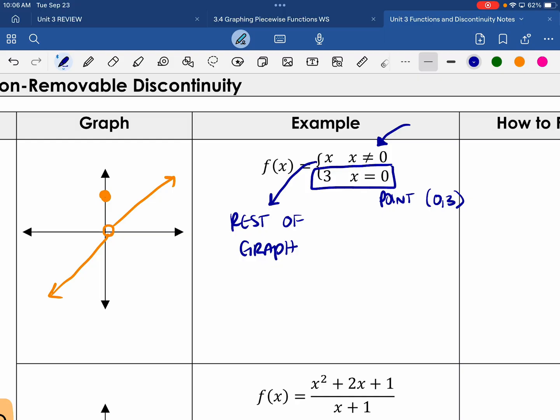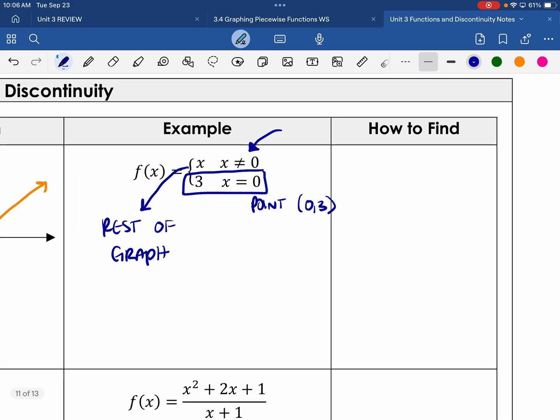So that's kind of what I graphed here. So this whole graph is y equals x, this linear line, but at 0, we're going to have the point getting moved to 3. So it's like we're removing this point here at 0 and we're putting it at 3. So that's why it's called a hole or removable discontinuity. Does that make sense? Okay.